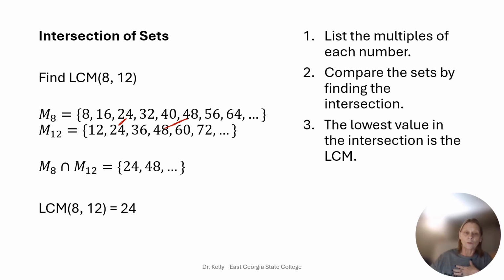I didn't go much further, but the next one would be 72. So here is the intersection of the two sets, and for the least common multiple, we're looking for the smallest of the multiples, and that's going to be 24.